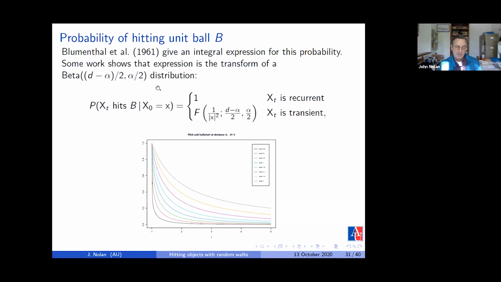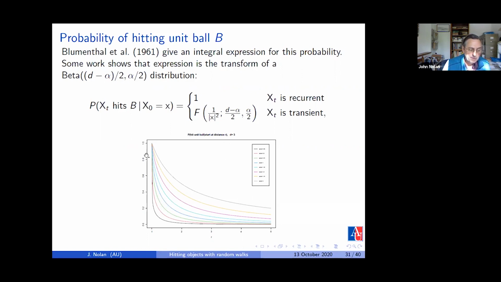If capital F is the cumulative distribution function of a beta distribution with these two shape parameters, then the probability of hitting a ball, given that you start at a location X, is 1 over the absolute value of X squared. The point is that this is a well-known quantity, and there are efficient and accurate algorithms for calculating it quickly.